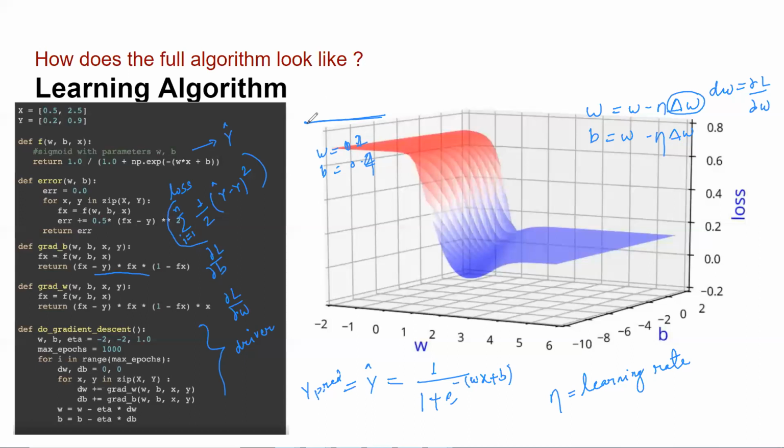Now iteration 3. This will update to some 0.3, 0.7. This way it will keep on updating 1,000 times. And the final value of w and b will be the value we have in the 1,000th iteration.